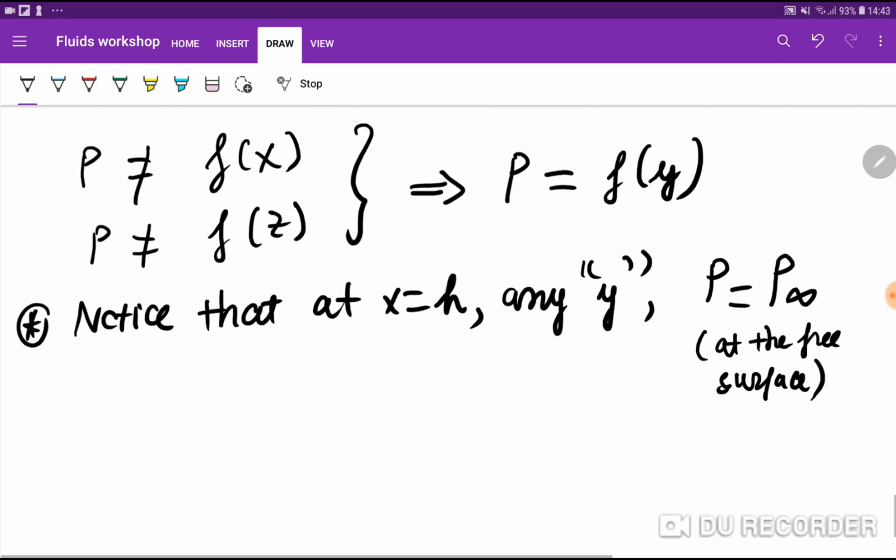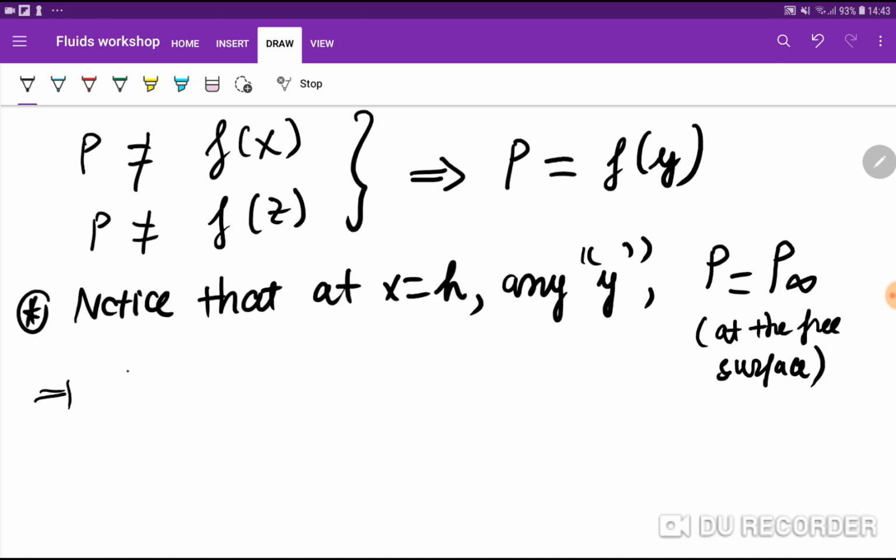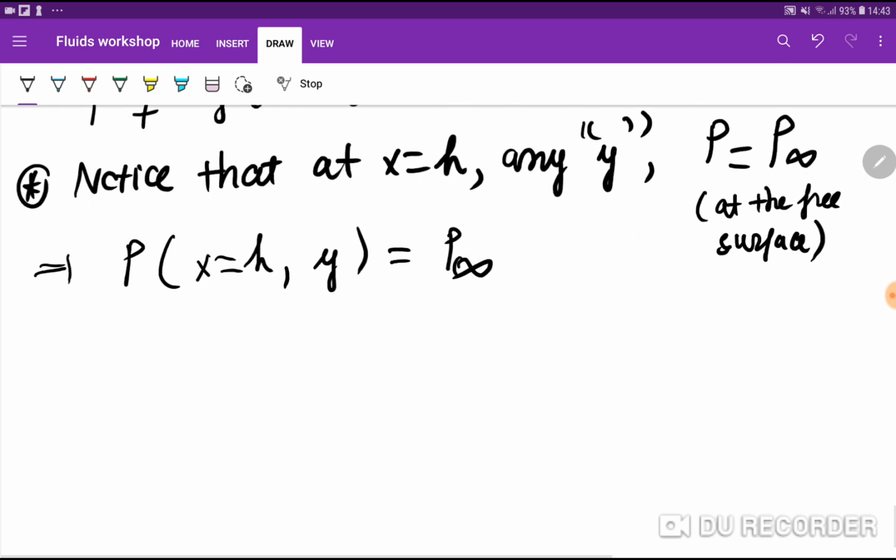So it means that pressure at x equal h, any y, equals P infinity. Since we already said that pressure doesn't depend on x, it means that pressure as a function of y equals P infinity.